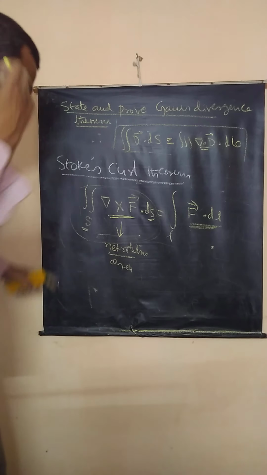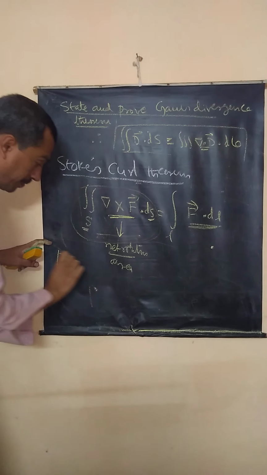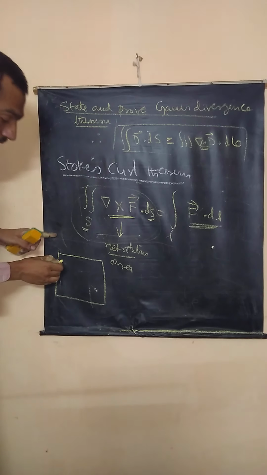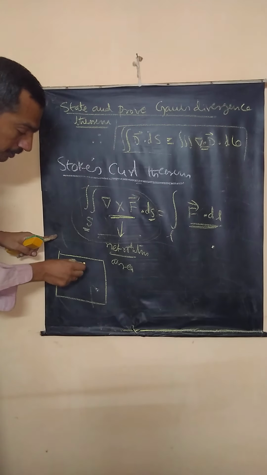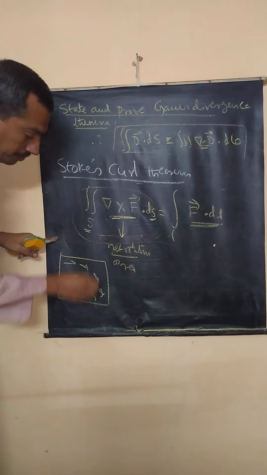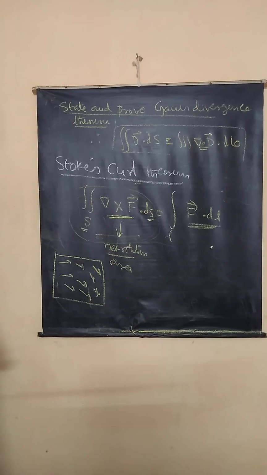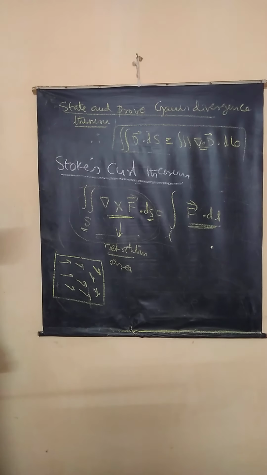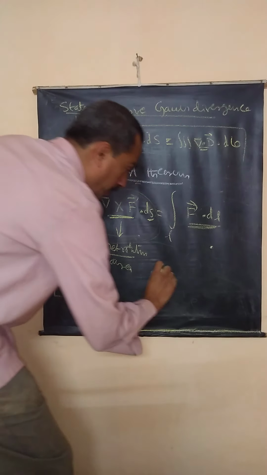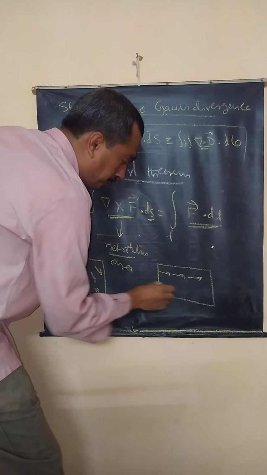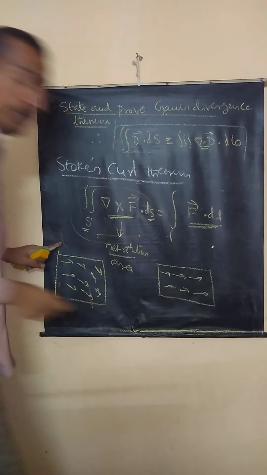Correct? So now see here, imagine a surface on which a liquid is flowing like this. This is the velocity vector of the liquid. It is changing its direction. So there exists curl here. Suppose the vector is like this, magnitude nothing, direction no change.